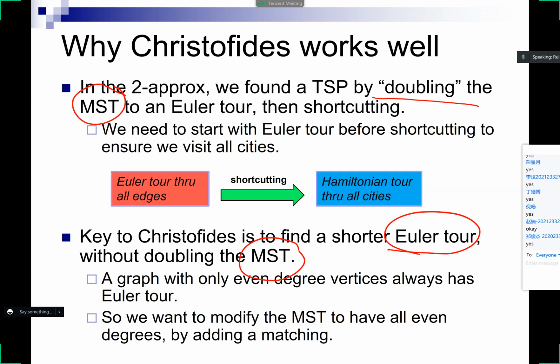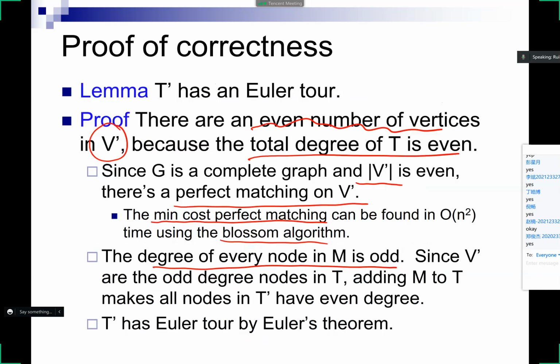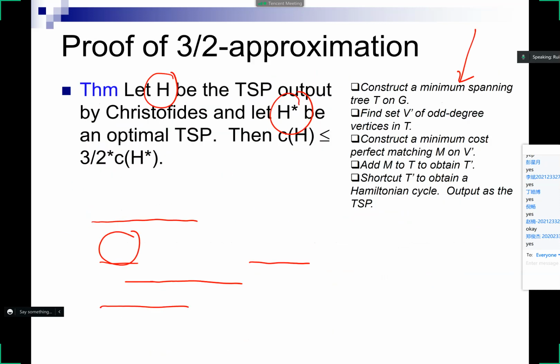If you try to make epsilon 0, let's say, so you try to compute the optimal TSP, then your running time is going to blow up to infinity. But for any fixed epsilon, you can compute a 1 plus epsilon approximation in polynomial time if you make these special assumptions. And there are many other variations to TSP. As I said, it's one of the most widely studied problems. Any questions about anything?